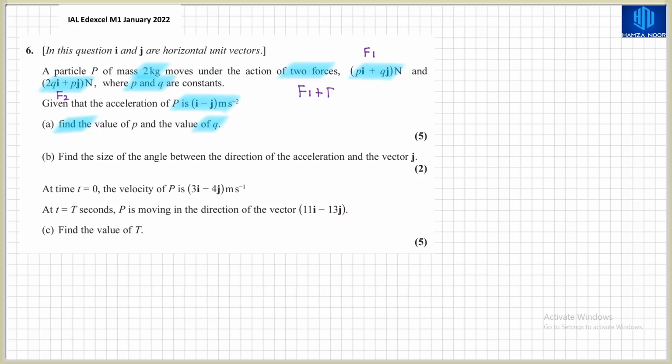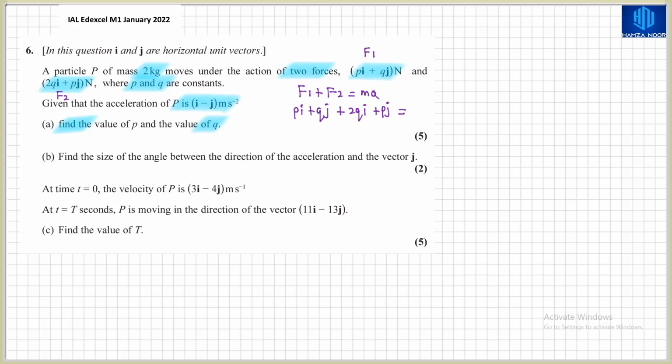So F1 plus F2 equals mass times acceleration, therefore pi plus qj plus 2qi plus pj is equal to mass times acceleration.